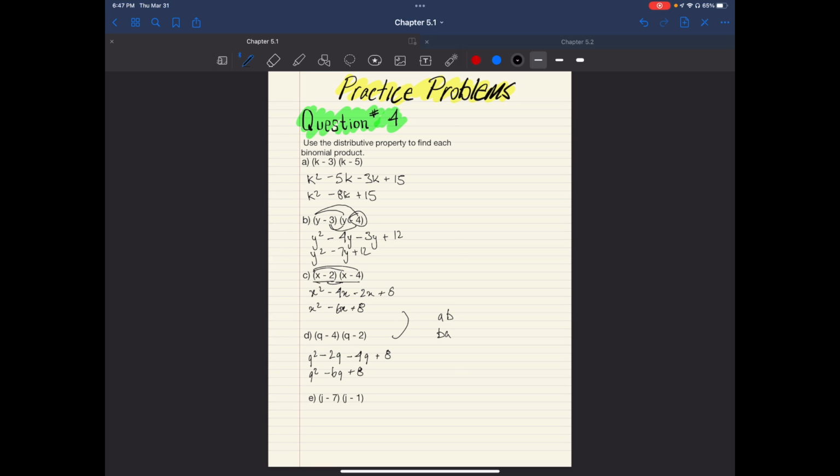Moving on to e. So we have j squared minus j minus 7j plus 7. Now combine like terms, j squared minus 8j plus 7.